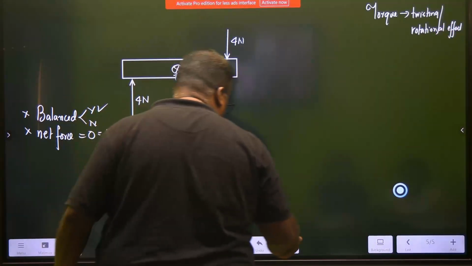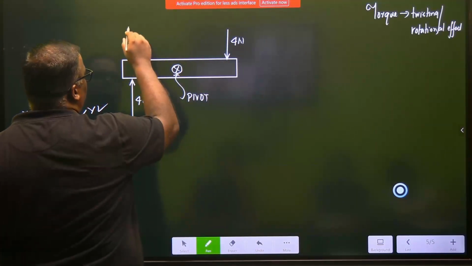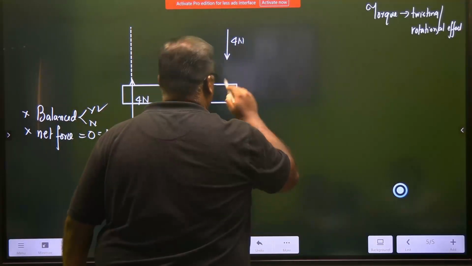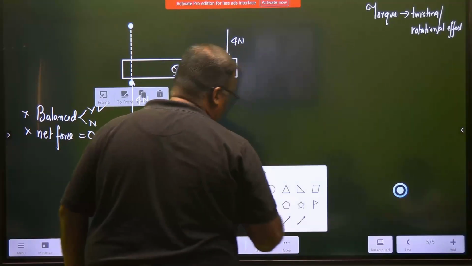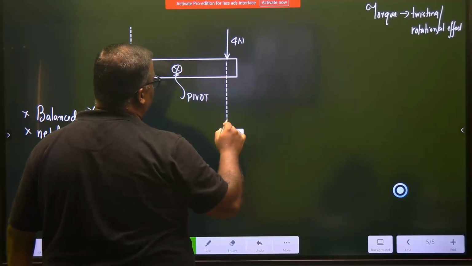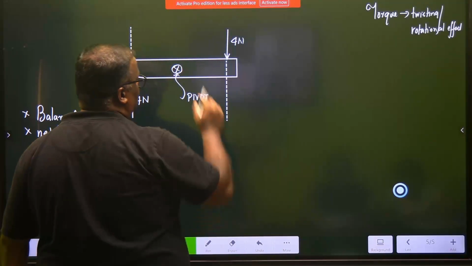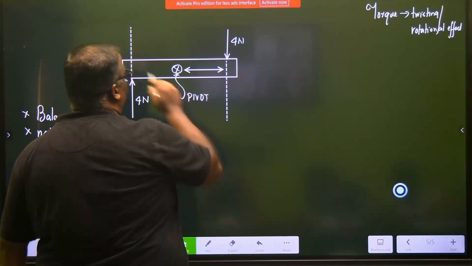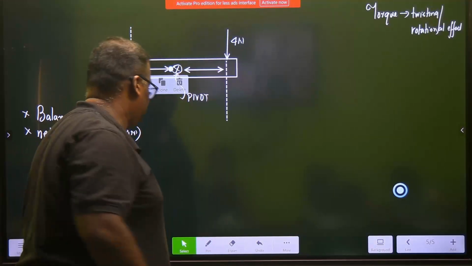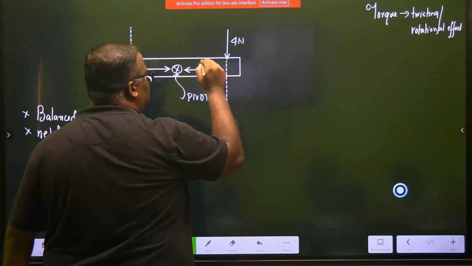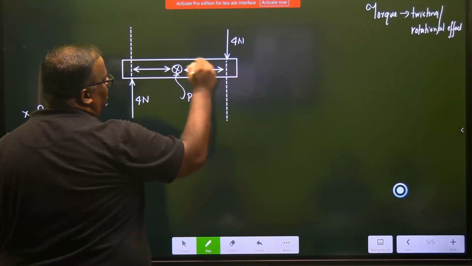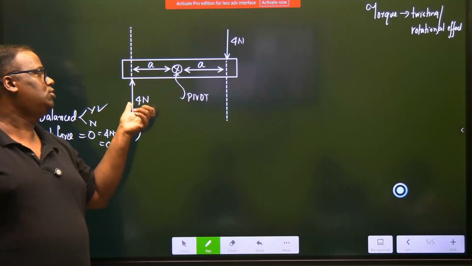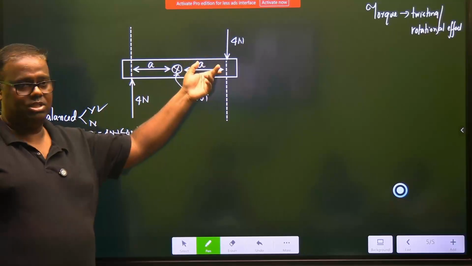And just for knowledge purpose, you should know these things. Say suppose this is the line of action of this force, and this is the line of action of this force. Okay? And suppose this distance and this distance are same. Let's say this distance is A, this distance is also A. So what we have done, we have taken a pivot point. From the pivot point, we are giving a force of 4 Newton on this side, 4 Newton on this side. So what do we have?